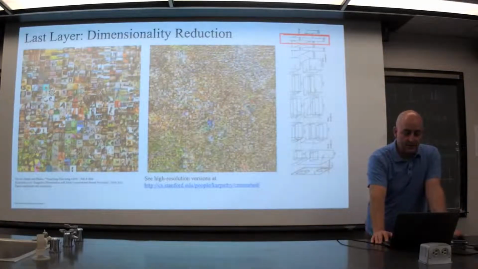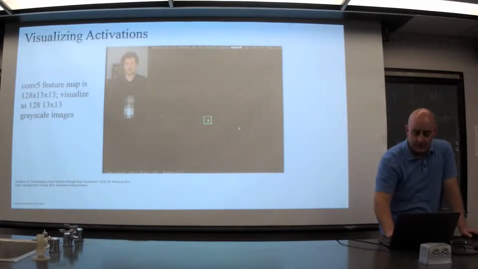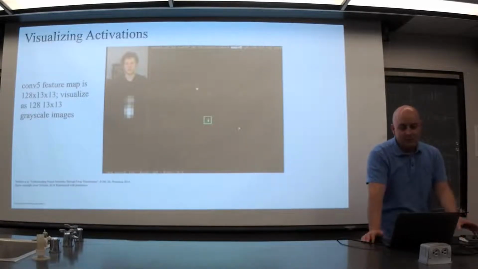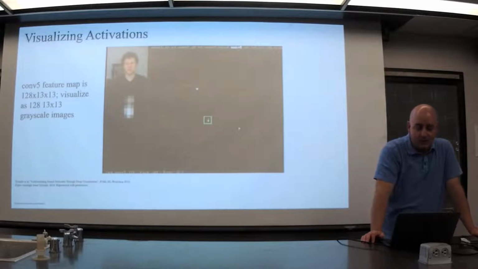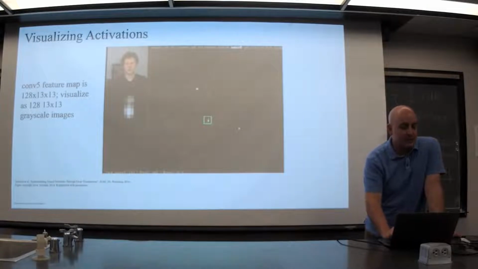There are fun, cool things that you can do with this. Okay, this is possibly one of the most interesting ways to think about what's going on in a neural network, but it's hard and expensive to do. It's fun, but not super practical.